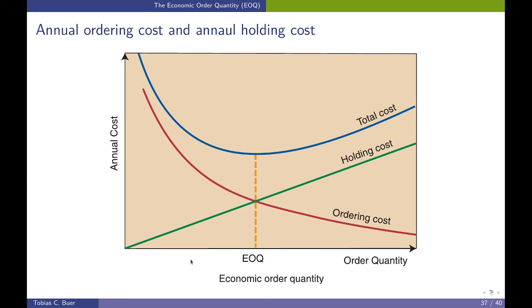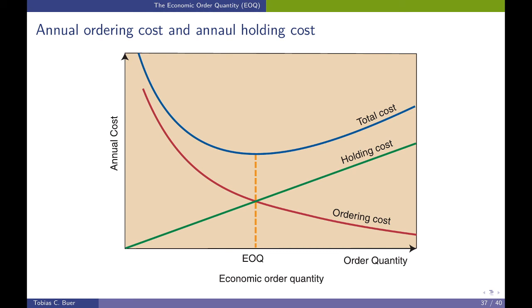Of course, to get more insight, it's always good to create a drawing of these cost functions. You see the holding cost is given by the green line, and this is always a line that is increasing.